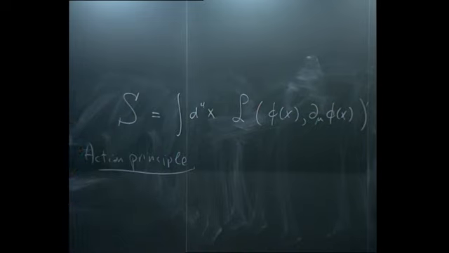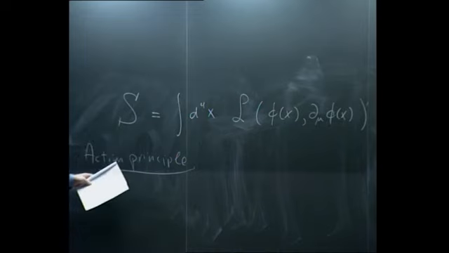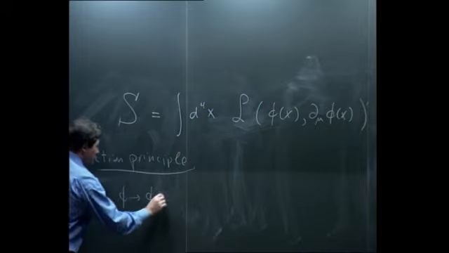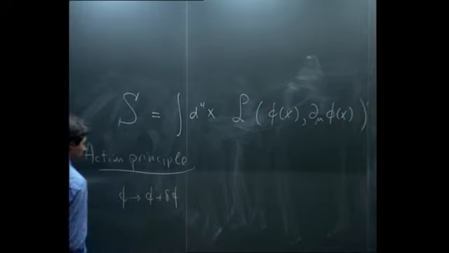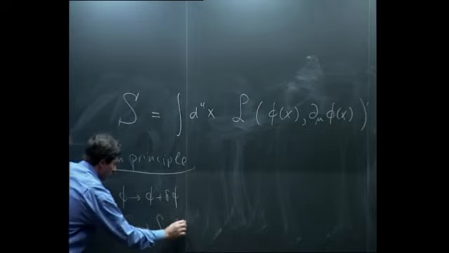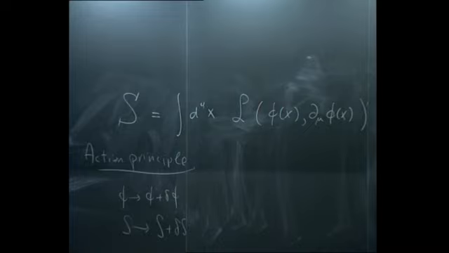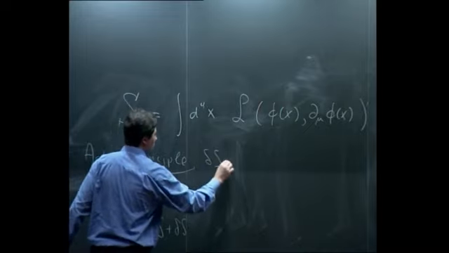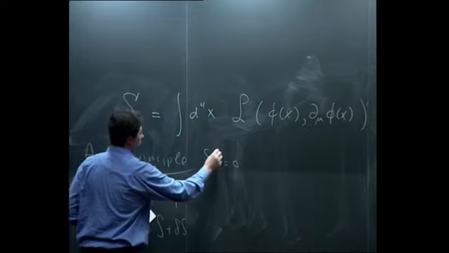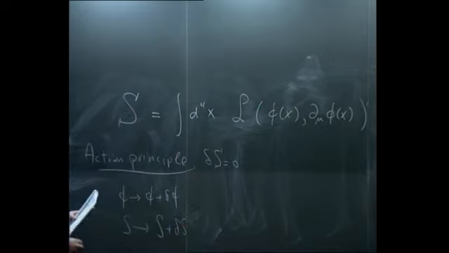Suppose I take this action and vary the field phi a little bit. The action principle is a variational principle: if I change phi to phi plus delta phi, then the action S will change to S plus delta S. The action principle says that delta S should be 0 once the classical field equations are satisfied.